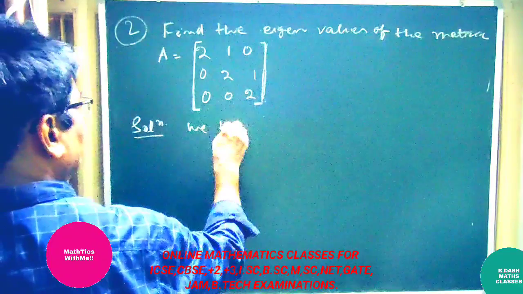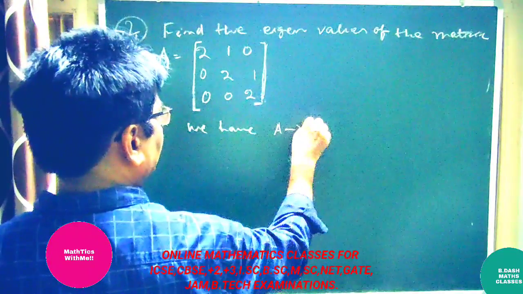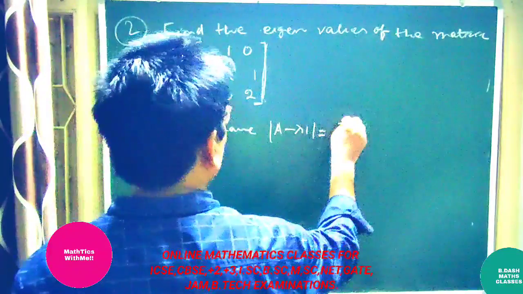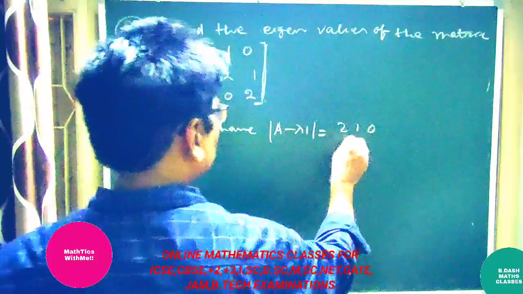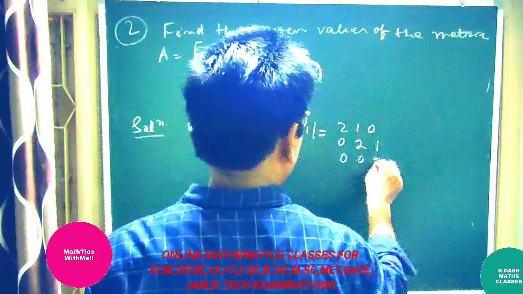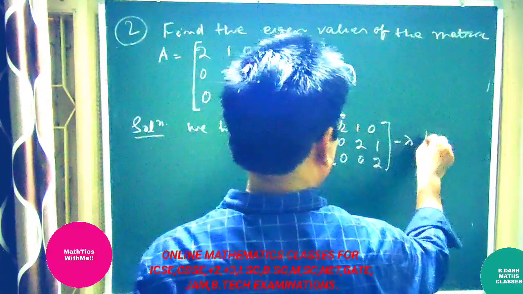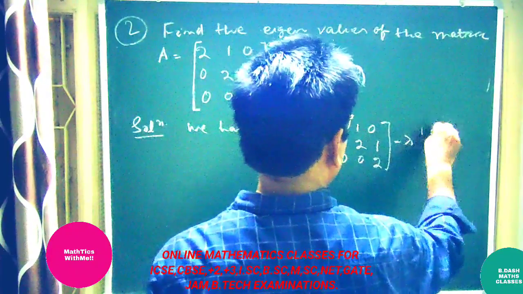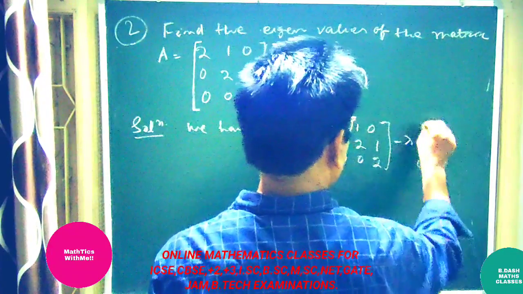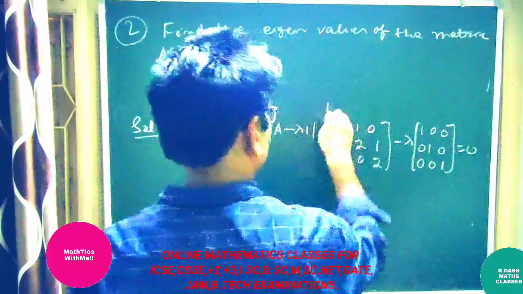We have determinant of A minus lambda I equal to 0. That is [2, 1, 0; 0, 2, 1; 0, 0, 2] minus lambda times the corresponding unit matrix [1, 0, 0; 0, 1, 0; 0, 0, 1] equals 0.